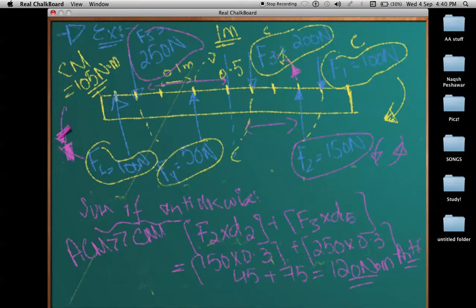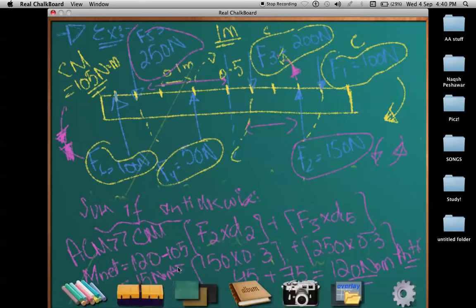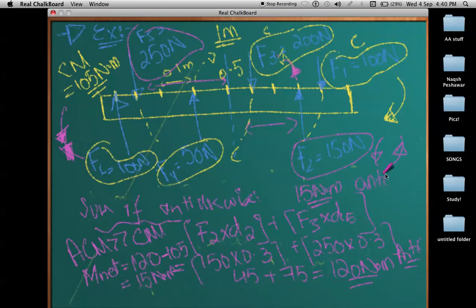And with what magnitude? The net moment would simply be 120, the bigger one, in the anti-clockwise direction, minus the smaller one in the clockwise direction. So the net moment would be 15 newton meters in the anti-clockwise direction. This is known as the net moment, or M net.